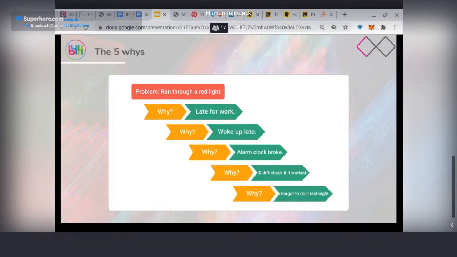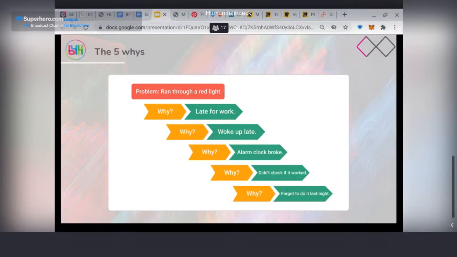When we start finding this kind of problem, okay, the 5 whys is a very famous technique. I'm sure this is not new at all for many of you, but in case there is someone who doesn't know it, I'm going to explain it very simply. If you find a problem, you just ask why. To that answer, you just ask why again.